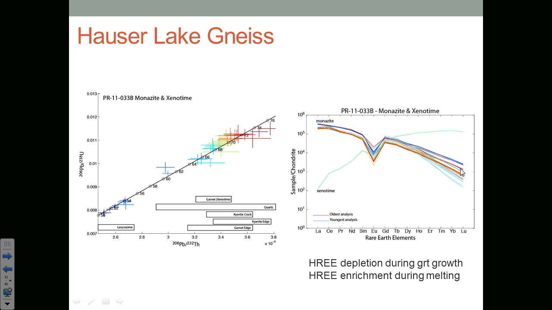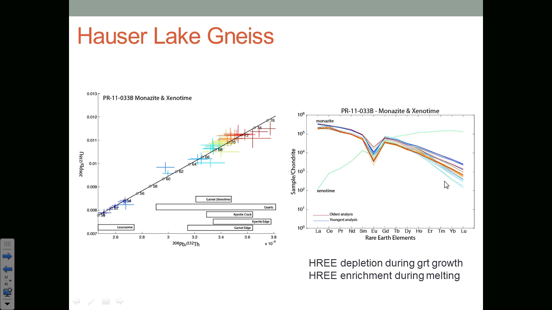And what you see here is that from red to turquoise, there's a decrease in the heavy rare earth elements as you go from the oldest to the youngest. And that reflects the change that as garnet is crystallizing, the heavy rare earths are going into the garnet and depleting it from the monazite that's growing later. So this is a very common pattern to see during prograde metamorphism.